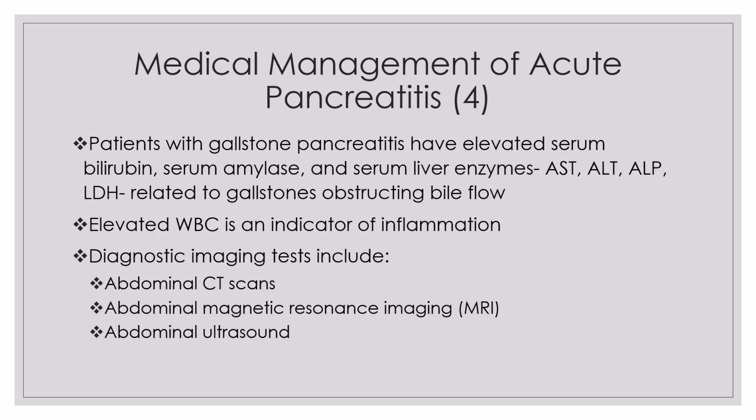Patients with gallstone pancreatitis will have elevated serum bilirubin, serum amylase, and serum liver enzymes, that is AST, ALT, ALP, LDH, and this is all related to gallstones obstructing the bile flow.